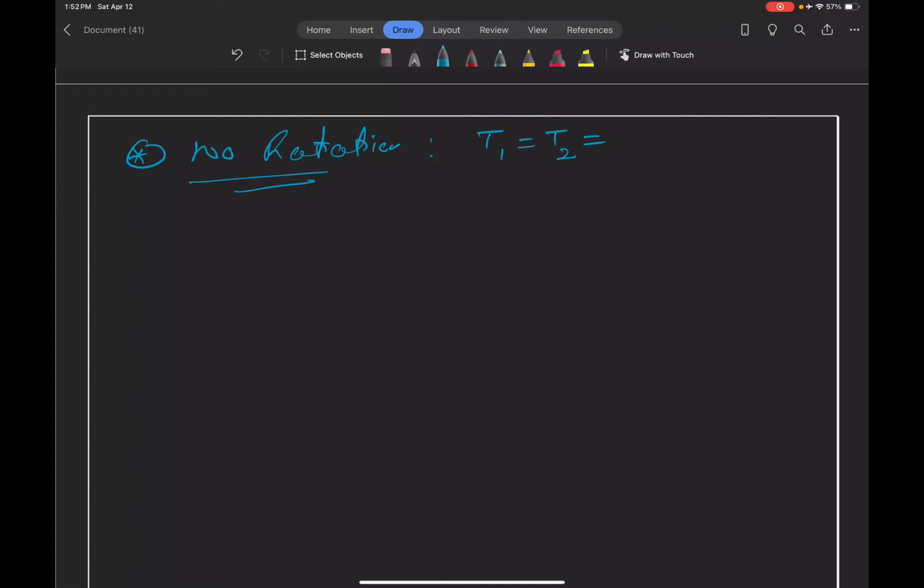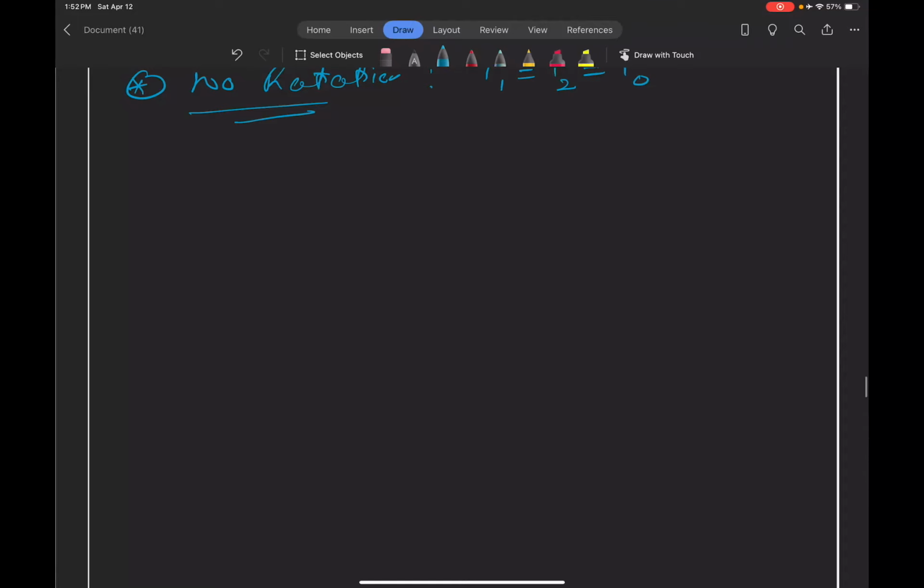Let us suppose that is equal to T naught as given in the question. We have a ring inside.